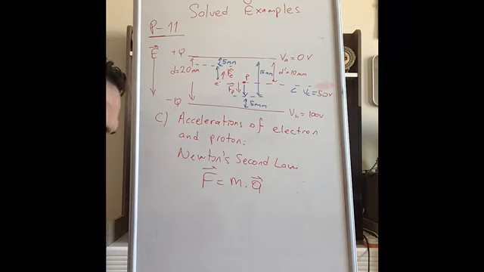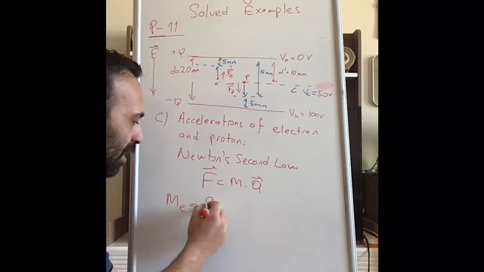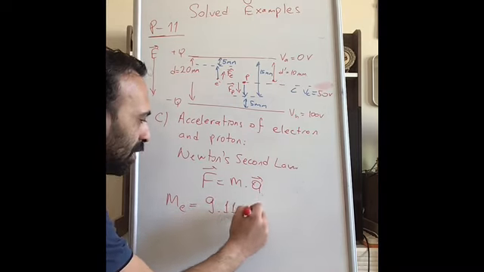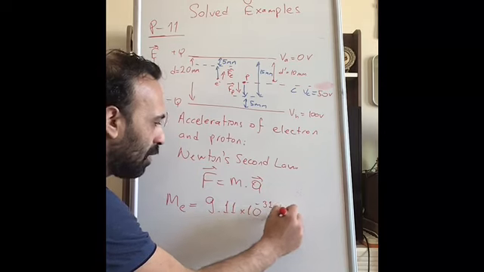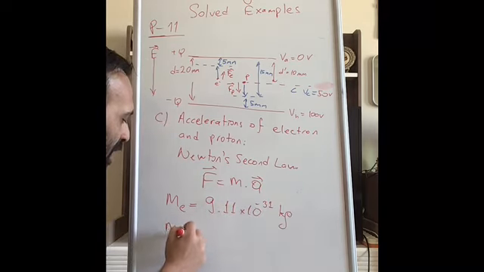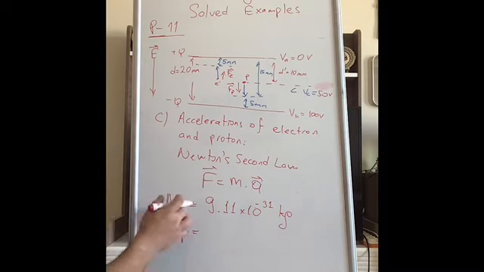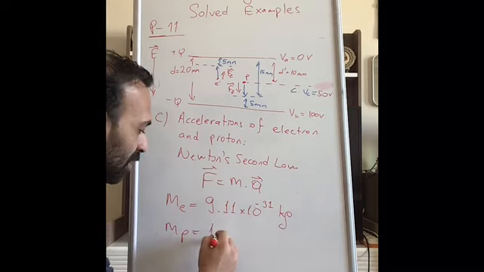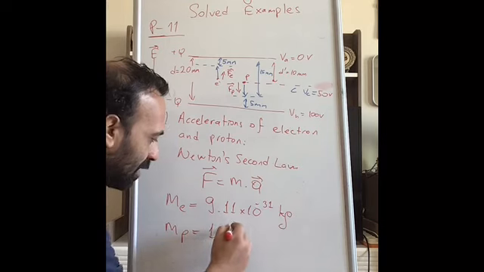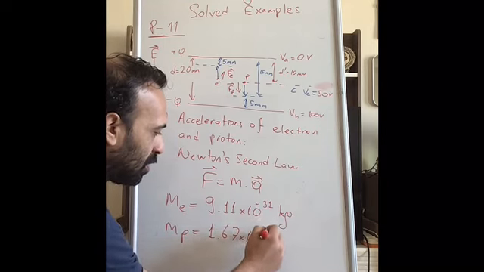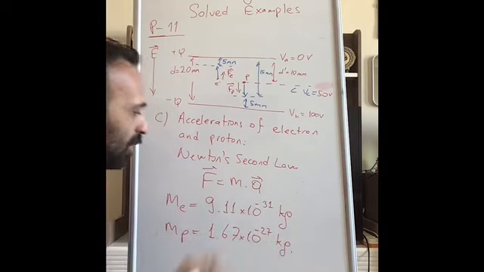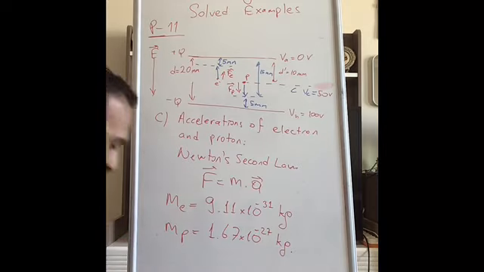Let me remind you of the mass of the electron. m_e is the mass of the electron, and I can write it 9.11 times 10 to minus 31 kilogram, while for the proton mass, actually the proton is about 2,000 times heavier than the electron, and I can write it 1.67 times 10 to minus 27 kilogram. We are going to use this.